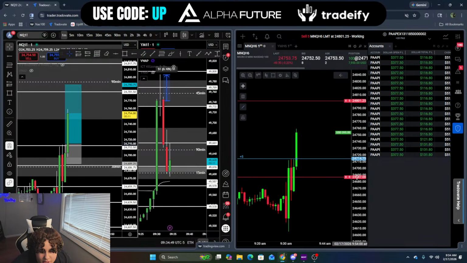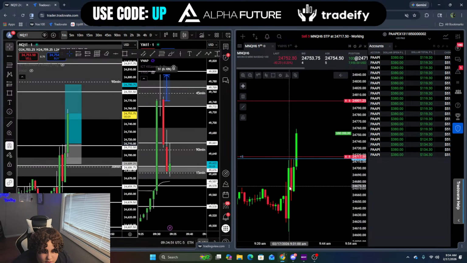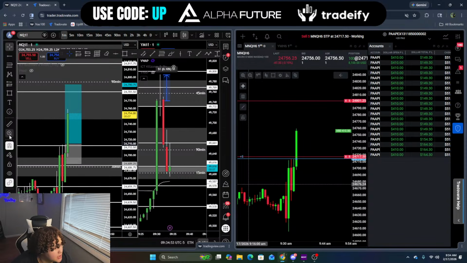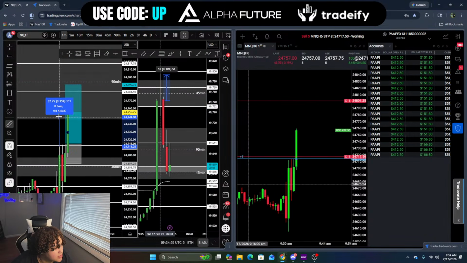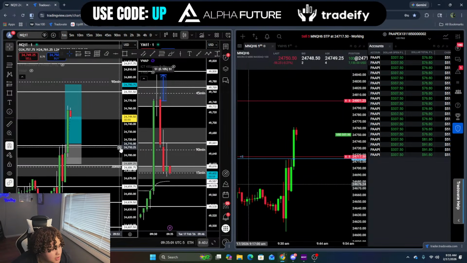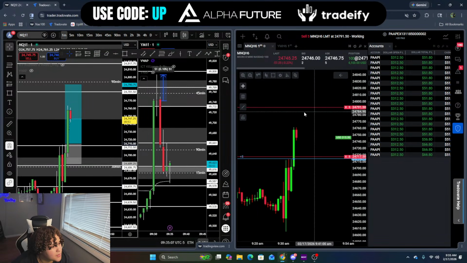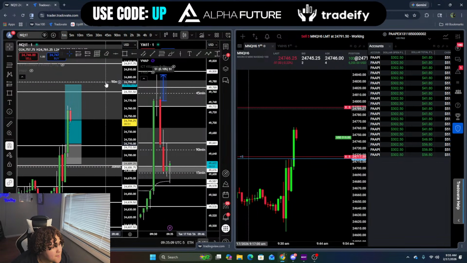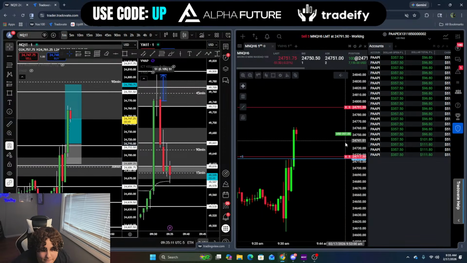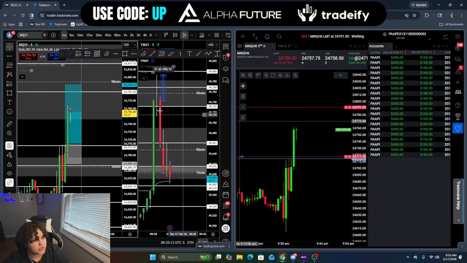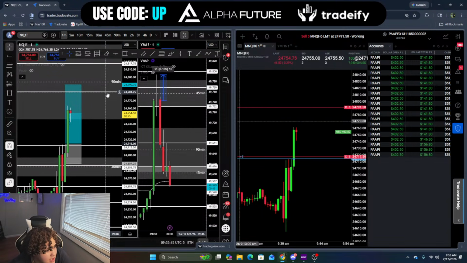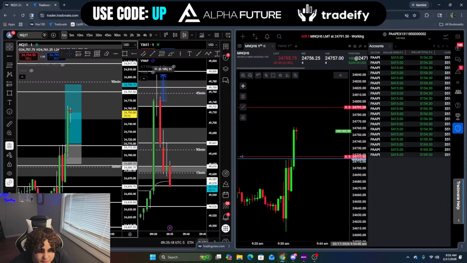Okay. I'm gonna break even here. I mean, we're basically almost up a 1-2. No, we are up a 1-2 actually. This is a good TP. I'm gonna try to target 780 and 790.